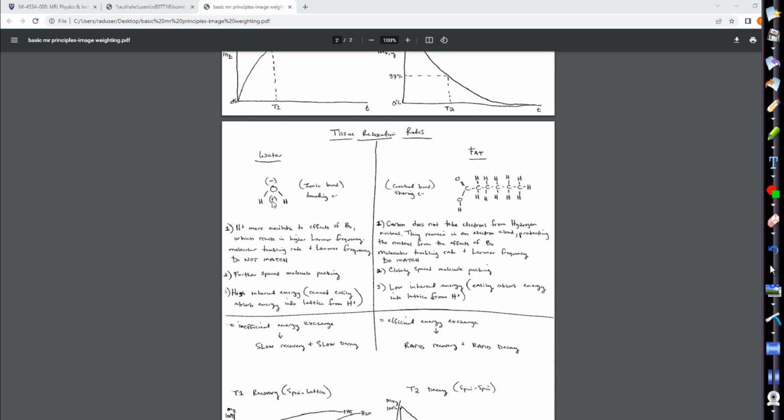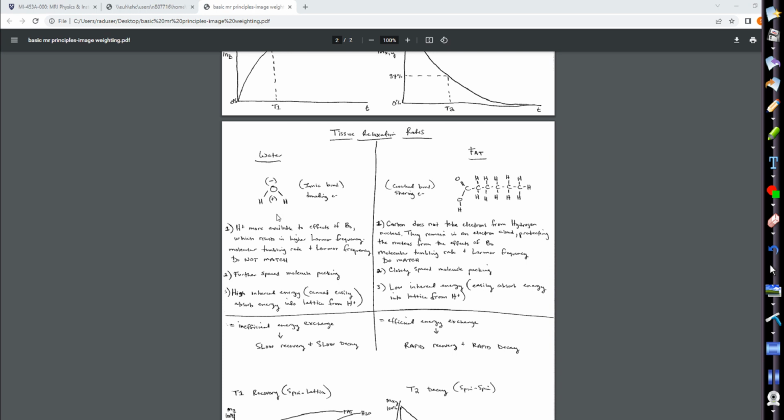And then the hydrogen side of H2O is more positive. And when you polarize something, it becomes almost like a little bar magnet, because you have a dipole effect where one side's negative, one side's positive. And when you get a dipole effect, that strong magnet, B sub 0, is going to affect it more.